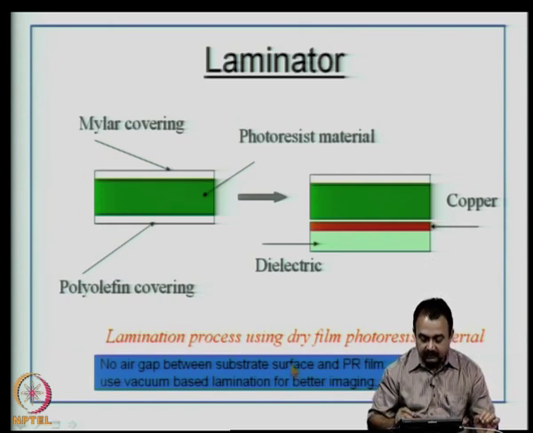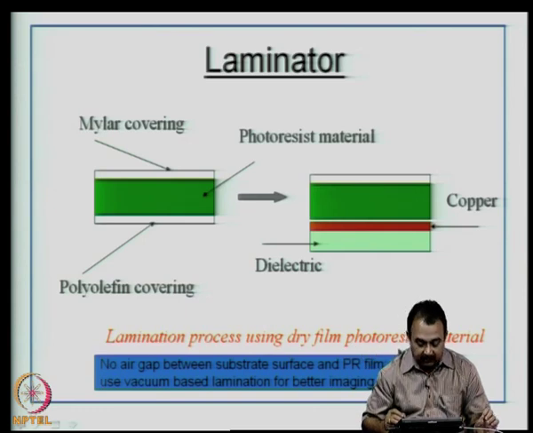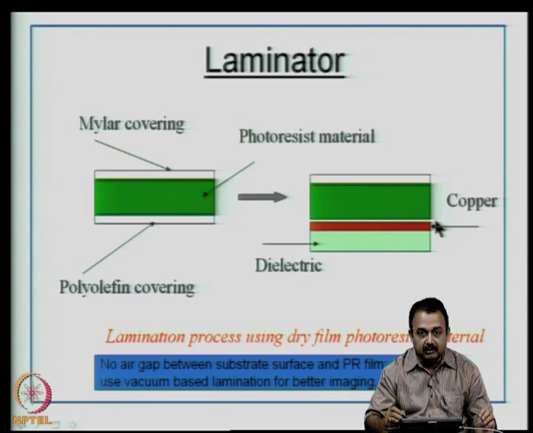Lamination process uses dry film photoresist material, and the key thing is when you do this lamination process here, there should be no air gap between the photoresist material and the copper surface. If there is an air gap here, then your imaging is in problem, because you will get varied contrast during UV exposure, and which will result in diffraction because of air, and you will get very poor resolution.